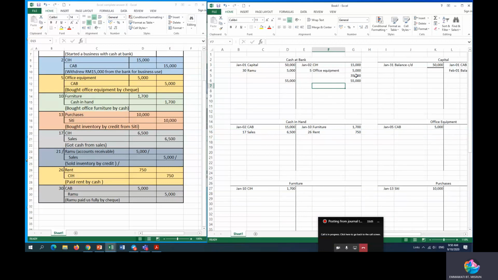If you add these together, 35,000 plus 5,000 plus 15,000, you get back 55,000. So this 35,000 is actually your balance C/D.